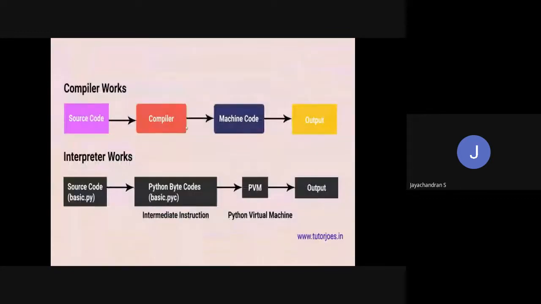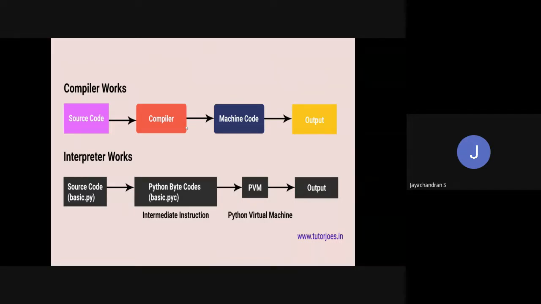So this is how a compiler works and how an interpreter works. In a compiler, the source code is put into the compiler, then it becomes machine code, and finally you get the output. So the compiler works as: source code, compiler, machine code, output.